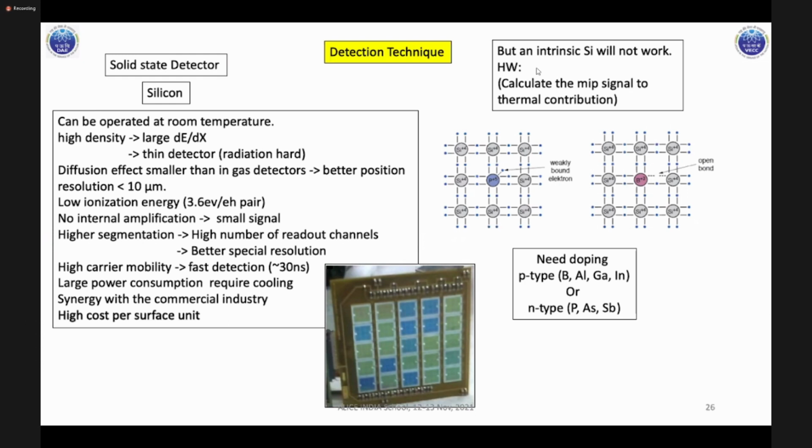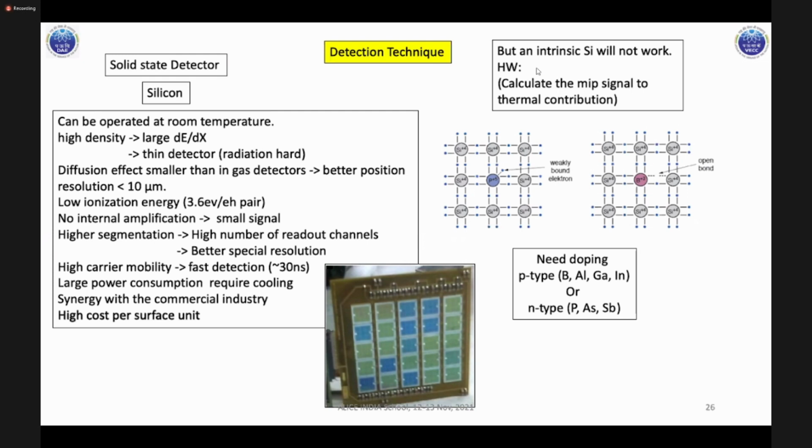Actually, holes don't move, rather electrons move, but it seems that the hole is moving. But when you apply the voltage and calculate the total current, probably you will find nothing, because the total number of electrons and holes is the same.